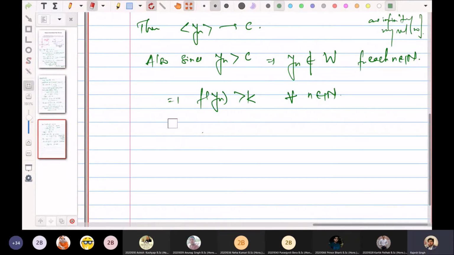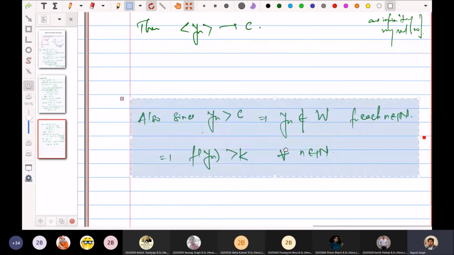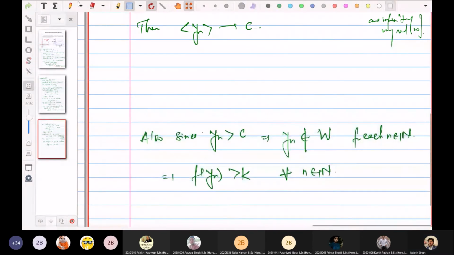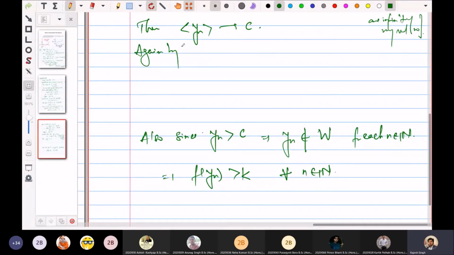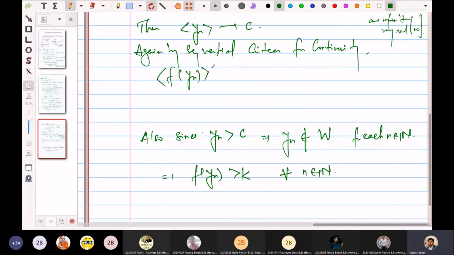अब हमें यहाँ पे let us just use sequential criteria for continuity here first. Again by sequential criteria for continuity, f of yn will converge to f of c.